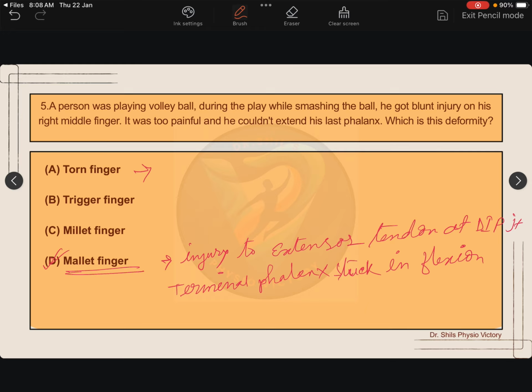Trigger finger is locking during flexion. These are not identical terms.